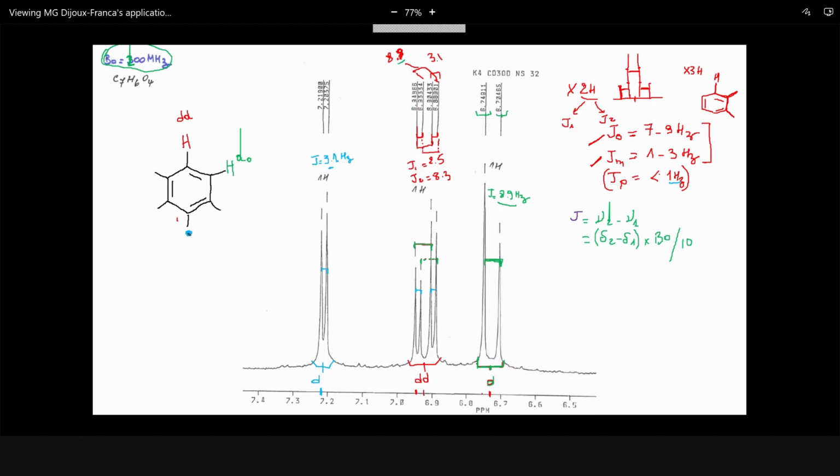And if we keep this position, what would be the shape of the green one? It will not be only a doublet. It will be a doublet with an ortho coupling, but also a doublet with a meta coupling with the blue one. And the green one would be the double doublet, and here we would have only a doublet with an ortho coupling. So it's not good like that.